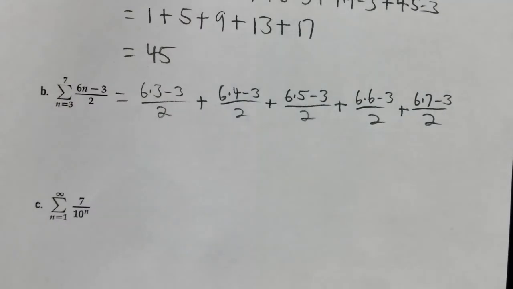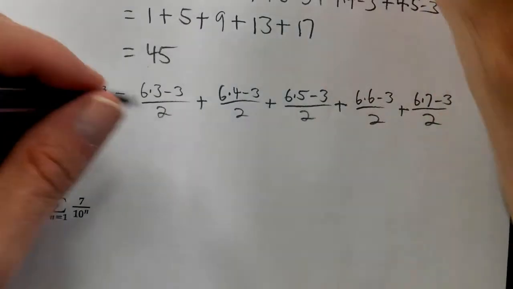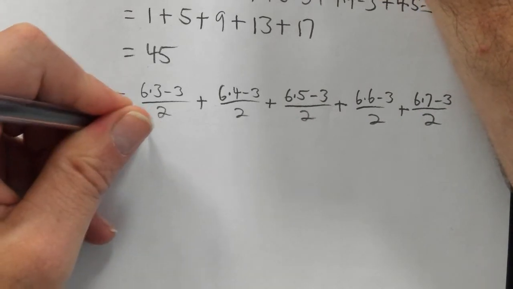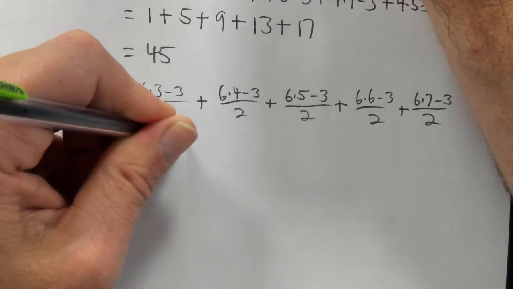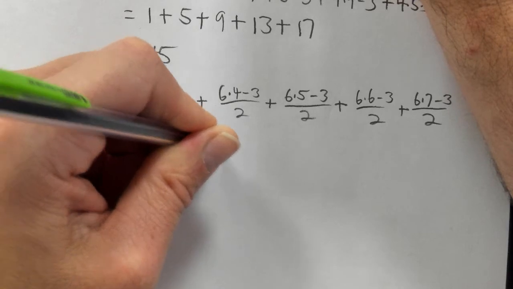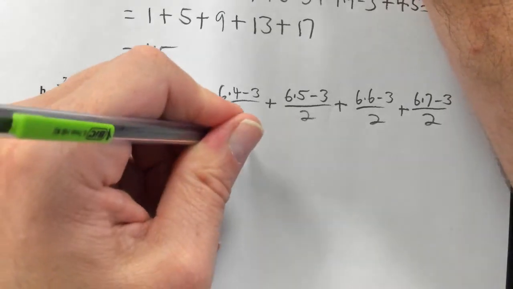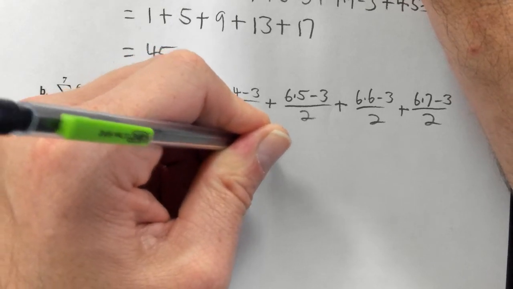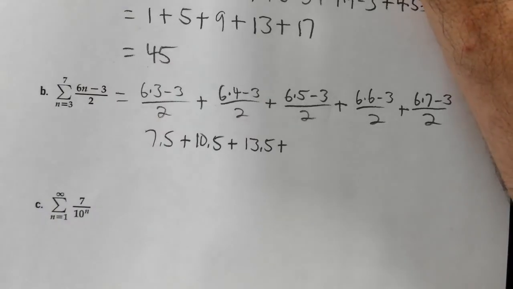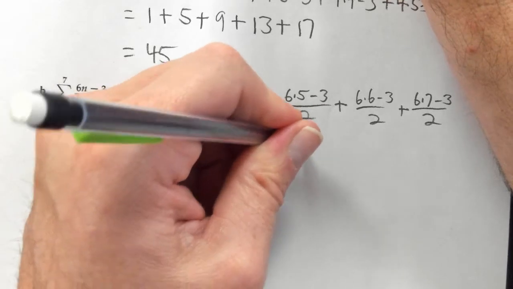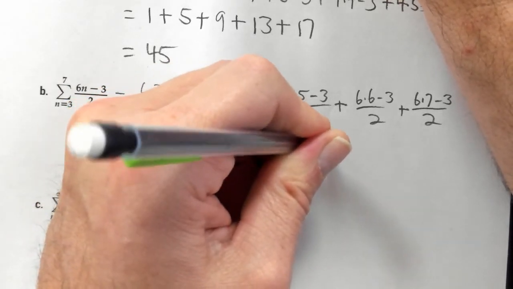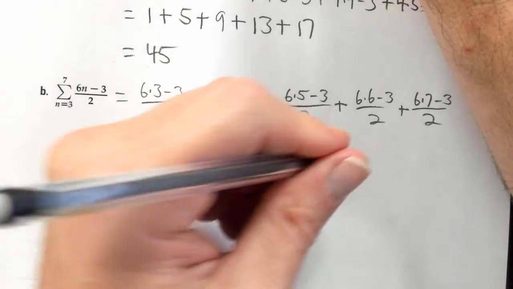All right? And so that's going to be 7.5 plus 10.5 plus 13.5 plus 16.5 plus 19.5.